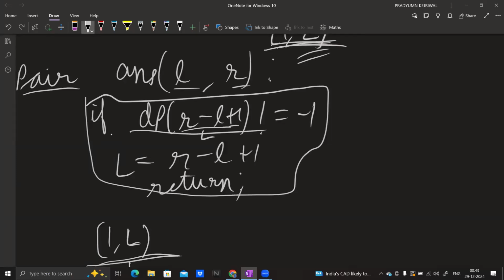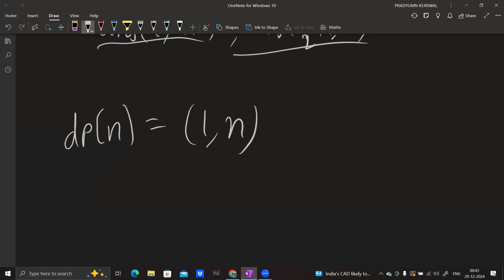Someone is asking, don't we need to store the index as well? We don't need to store the index. I have defined dp of n as the answer for 1 comma n. I'm not storing the answer for every index. I am storing the answer for every length, for every different length. If I want to get the answer for a length, then I just shift this answer.